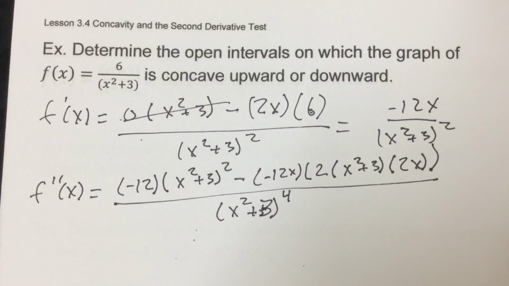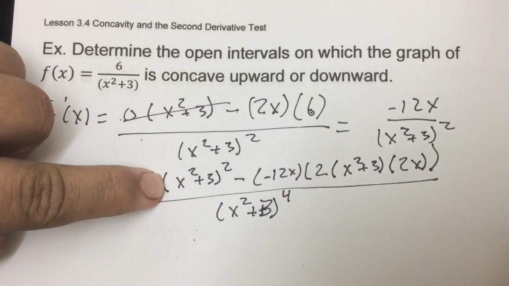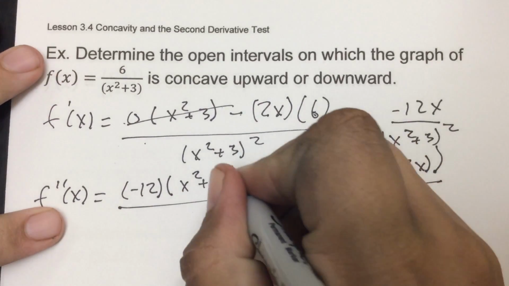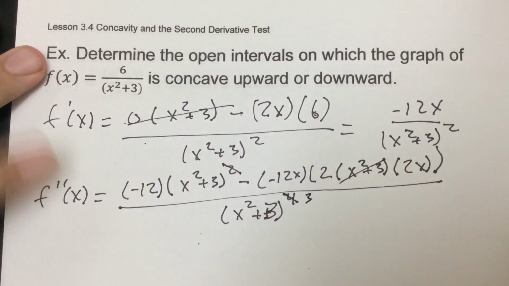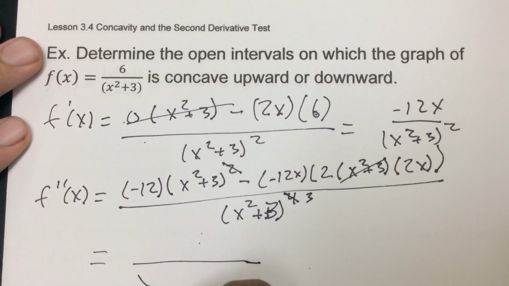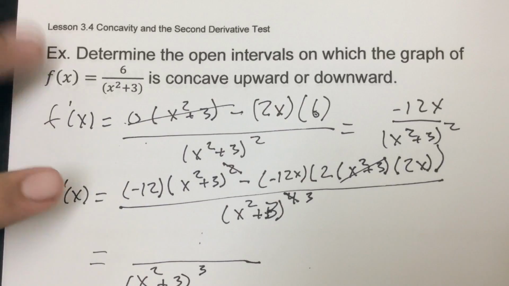Now, to simplify this, well, we have an x squared plus 3 here, an x squared plus 3, and x squared plus 3. So we can get rid of one of these and one of these to make this to the third. So now we have on the bottom x squared plus 3 to the third.